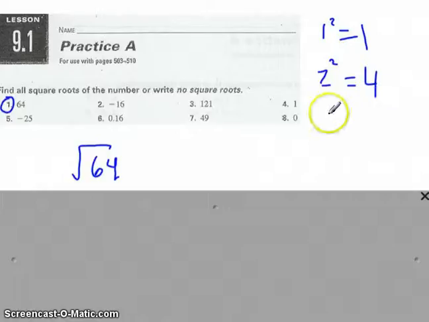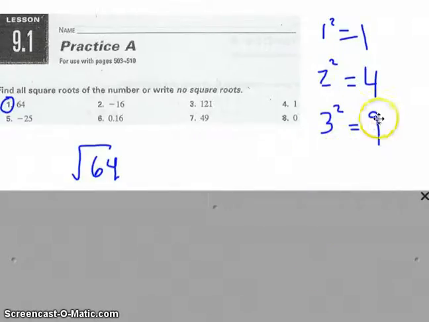I'm not going to write all of them out, don't worry. 3 squared equals 9. And you're going to need to memorize this list all the way down at least to 10 squared. So you need to know all the way up to there.